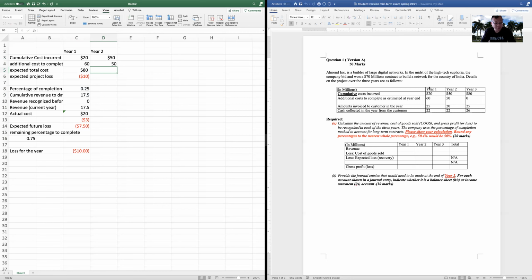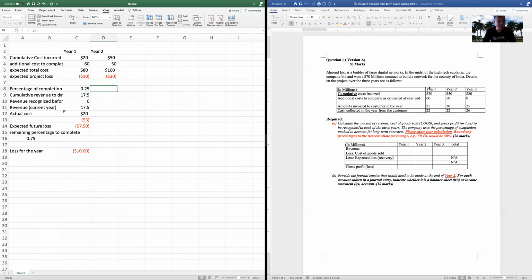Total expected cost would be D3 plus D4, which is 100. The total project loss is the project price, 70, minus D5. So you are now saying the expected project loss will be 30.